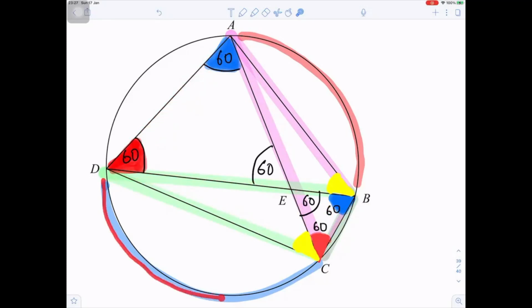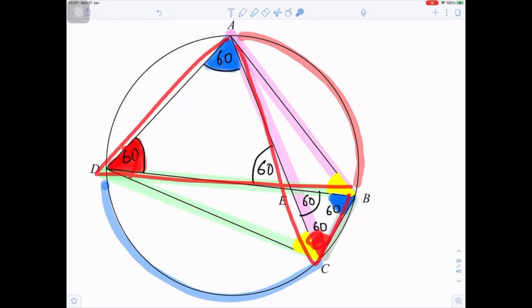If I use this same arc, and if you turn and use the other side, using this line there, that means these 2 angles are in the same segment.